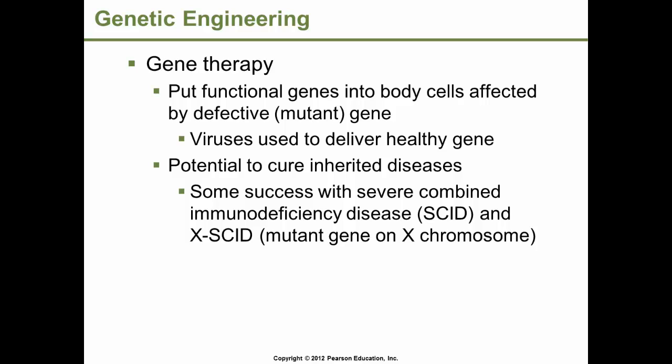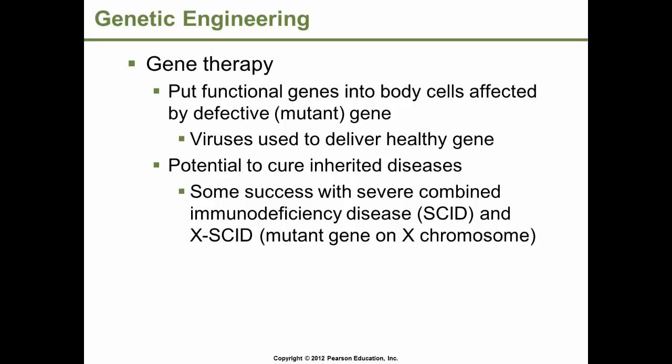Gene therapy puts functional genes into body cells affected by a defective or mutant gene. Viruses are typically used to deliver the healthy gene, because viruses typically attack only one type of cell. Gene therapy has the potential to cure inherited diseases.